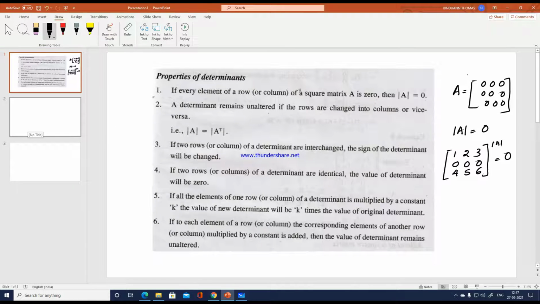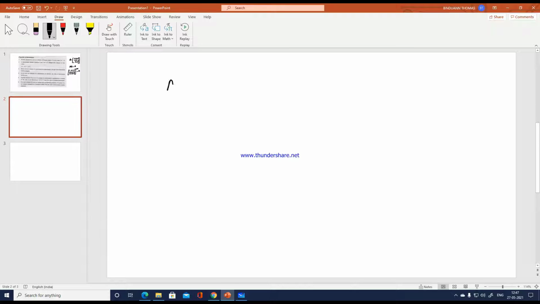So let's see an example. A is equal to 1, 2 and 3, 4. Now let's find the determinant of this. It is 4 minus 6, so you'll get the answer minus 2.